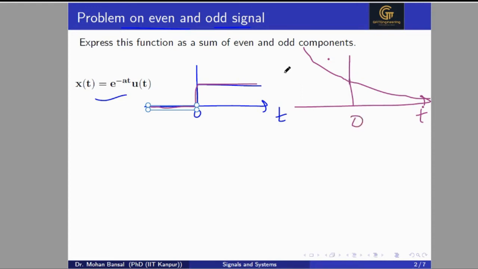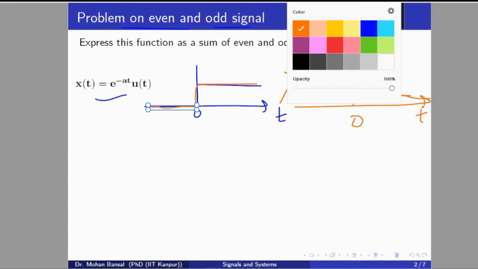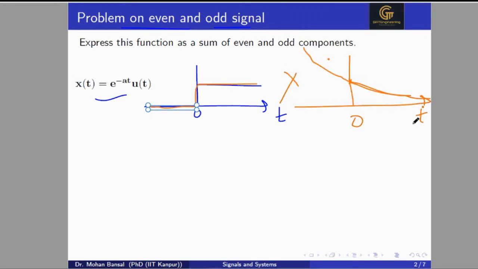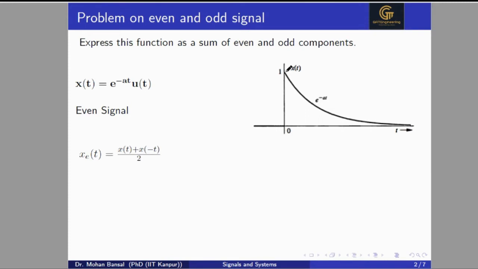If we multiply e to the power minus at by u(t), and u(t) is defined only for positive time, we will get only this signal. We will not get the negative side exponential signal. So what we get is e to the power minus at u(t), defined for the positive time axis.